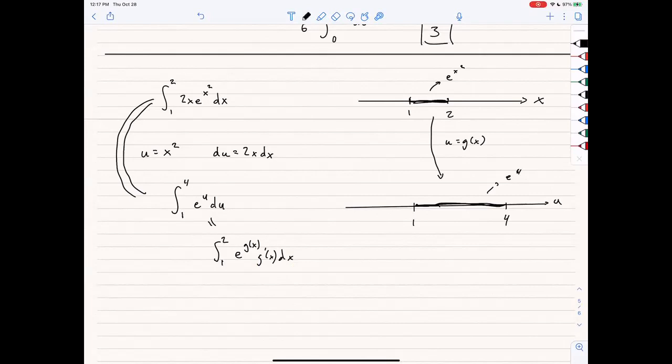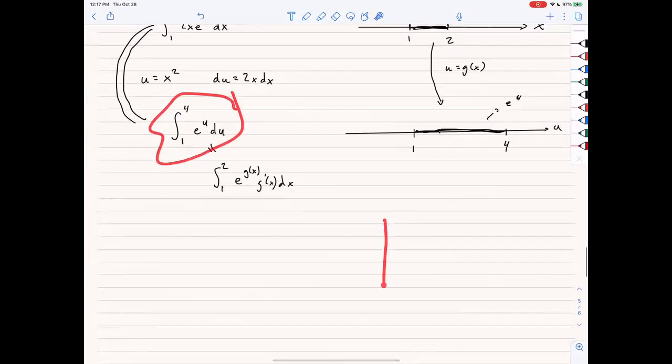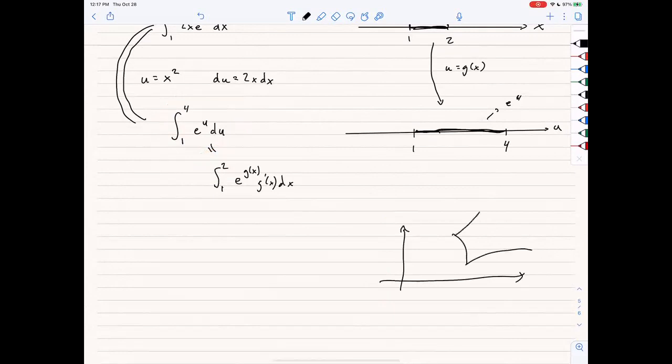Now what we're going to see next time is the same kind of process, but now we're going to start in this world. You're going to have a region, most commonly a complicated region, and you're going to want to integrate over it. Maybe you have some variables u and v here.